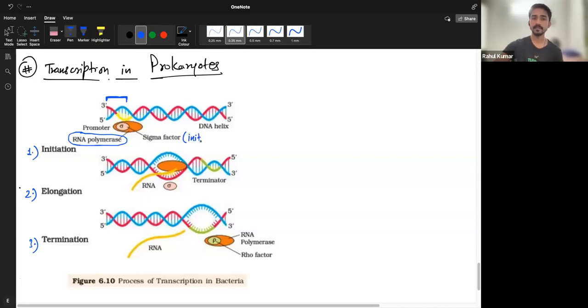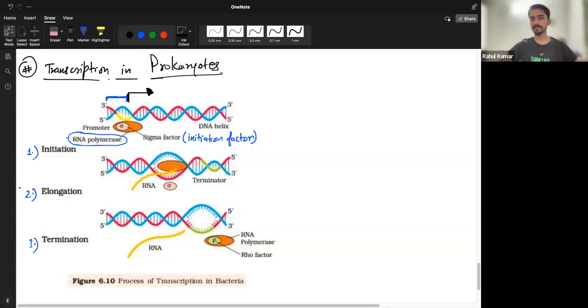Write down: sigma factor is a protein which is called initiation factor. This sigma protein binds to polymerase and activates it, and now polymerase can come and sit on the promoter. Once it sits on the promoter, the transcription begins, and that's called the initiation step.